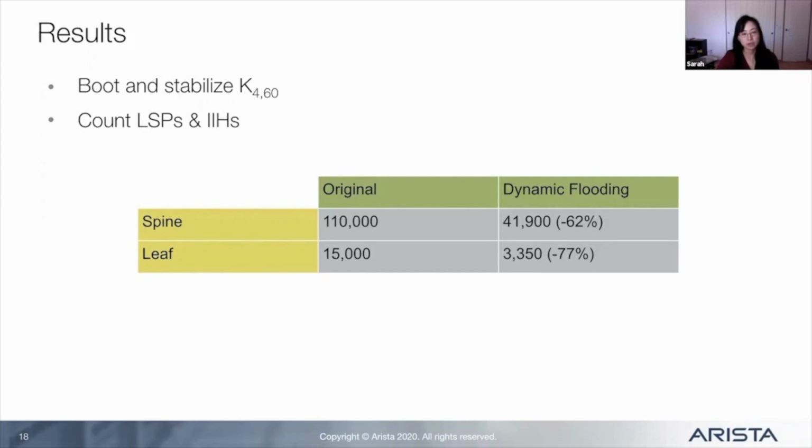We find that without dynamic flooding, the spine has to process 110,000 LSPs and IIHs, and the leaves had to process 15,000. But with dynamic flooding, we can see a significantly reduced number. There's a 62% saving in spines and a 77% saving in leaves.